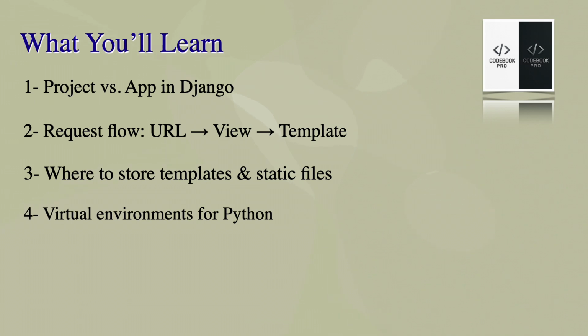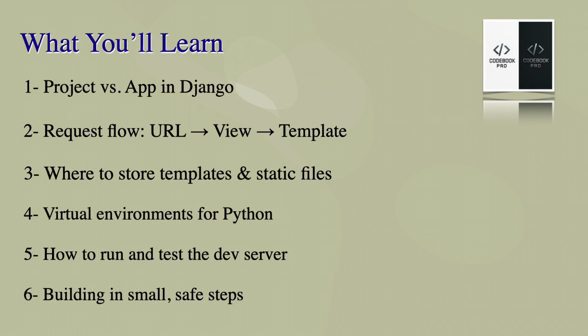Then we'll work with a virtual environment to keep our Python dependencies clean and isolated. And then you will get comfortable running and testing the Django development server. And finally, you will learn how to build your app in small, safe steps, the same way professionals work on real production systems.